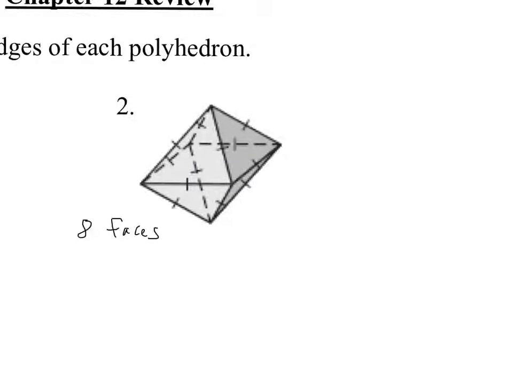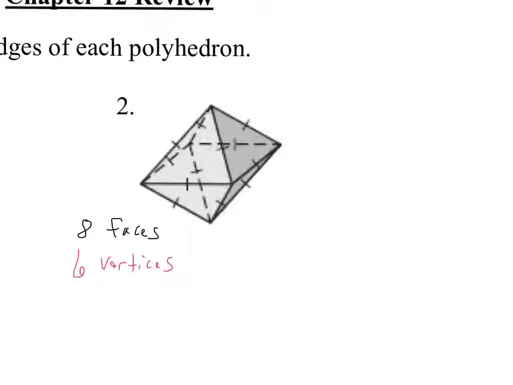Vertices, the points, well, we have the bottom and the top, and then we have 1, 2, 3, 4 along the middle. So that's 6. And then lastly, edges, the line segments, so to speak.